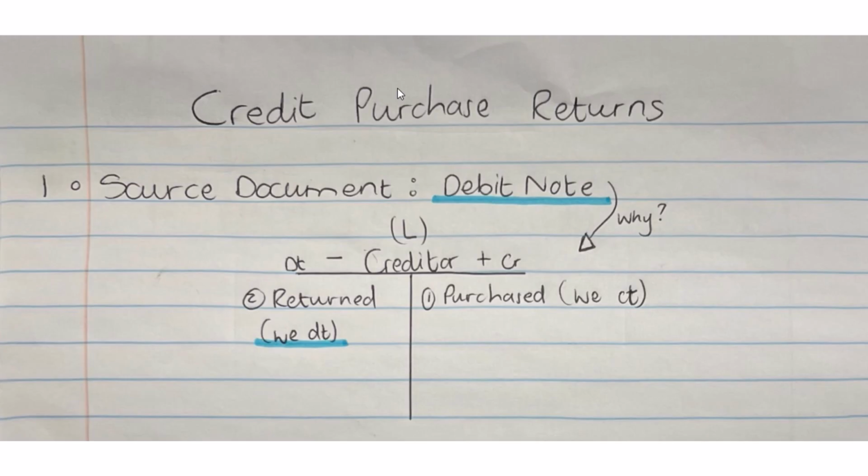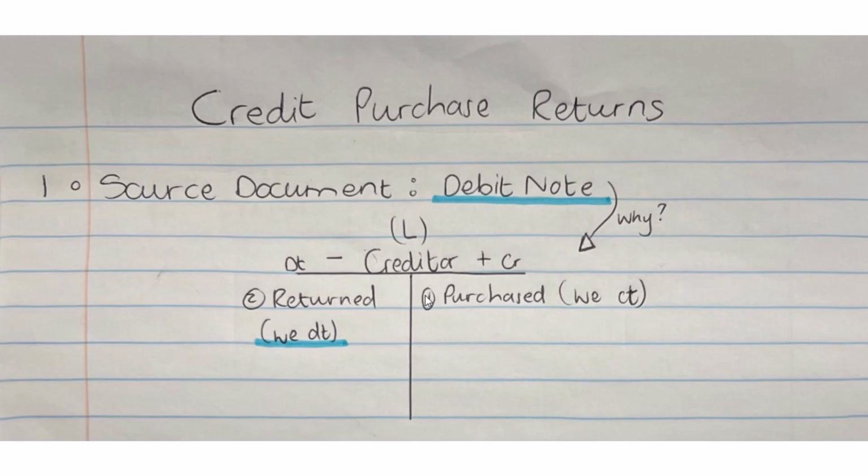Right. So one of the first things that we always look at is what is our source document. Our source document for credit purchase returns is a debit note. Now you would ask me, why is it a debit note if we are working with creditors? Let me explain. If you look at our creditors control general ledger account, on the debit side it's a minus, and on the credit side it's a plus because it's a liability, right?